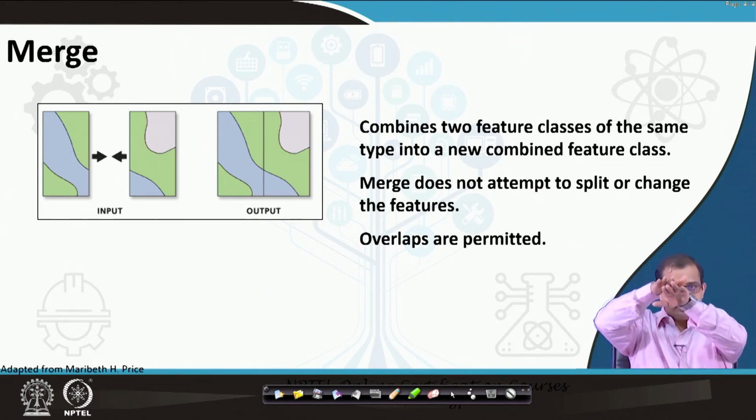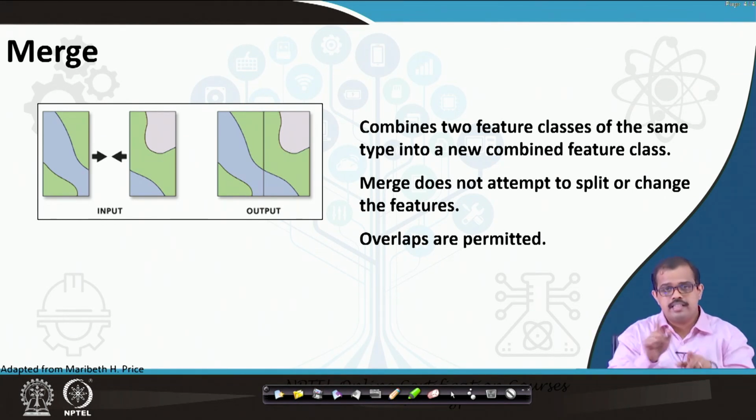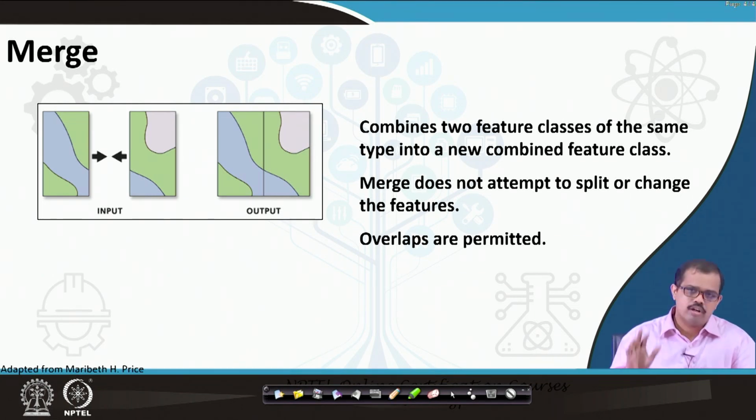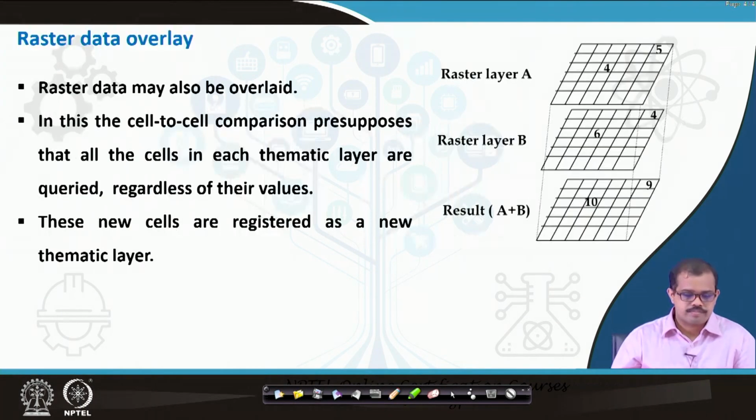So it sits on it like this. It matches its edges, or its latitude and longitude, or its points on these edges. That is how the merge happens. Normally overlaps are permitted, and overlaps are considered correct in merging data, so that the data is not lost.